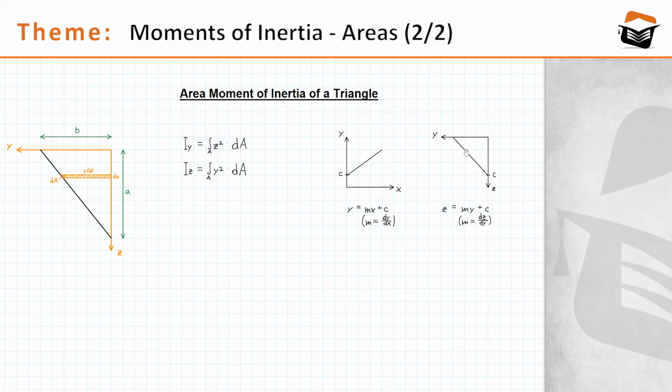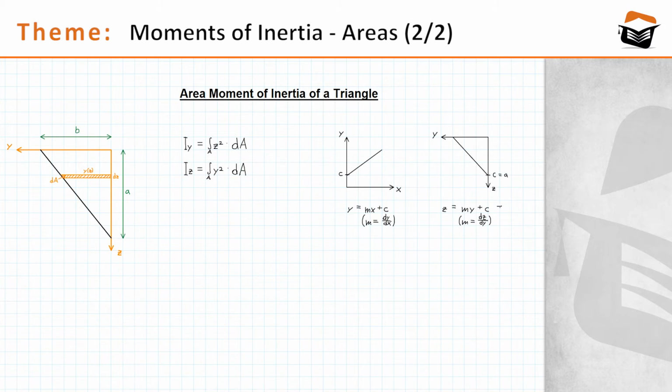In this case, z is the dependent axis, while y is the independent axis, and the intercept with the z-axis is c. If you look at the sketch of the triangle, you will see that c is equivalent to a, the height of the triangle. I will set c equal to a.